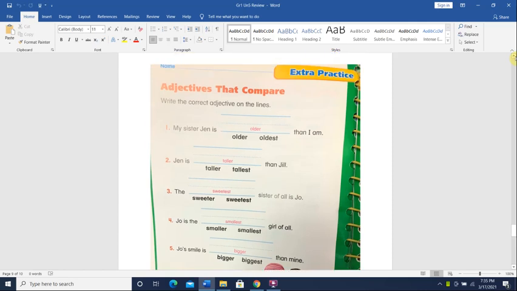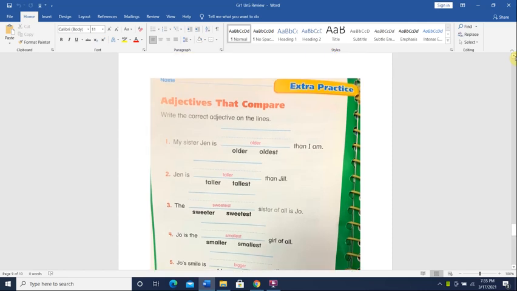Alright guys, so we will continue the Unit 5 review in language arts. It says adjectives that compare. We said that when we use an adjective to compare between two people, two objects, or two places, we add er to the adjective and then we put the word than.